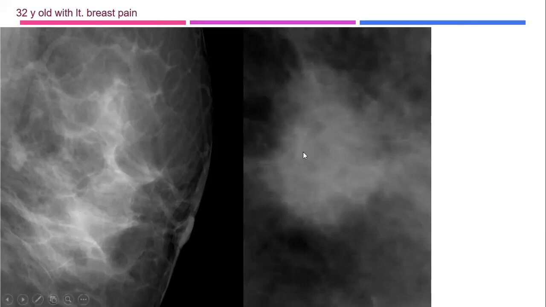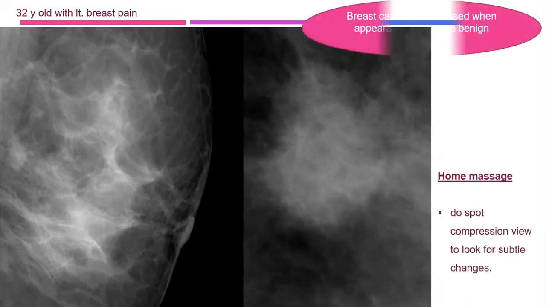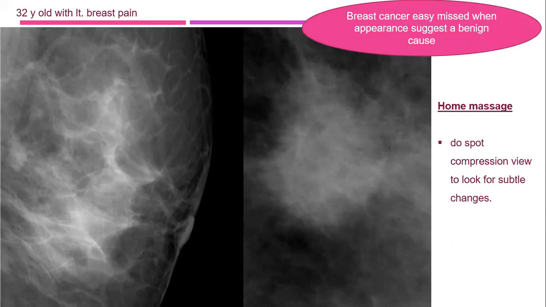You see the indistinct and spiculated margins, and even on the compression view, the lesion is still high density, and it was invasive cancer. So we have to consider additional views, especially spot compression, for subtle changes.